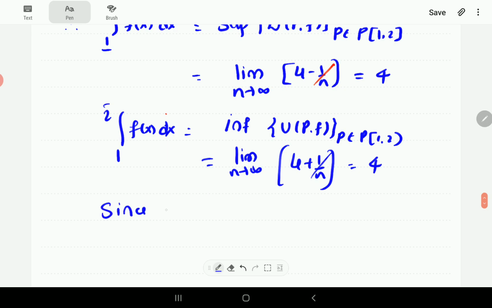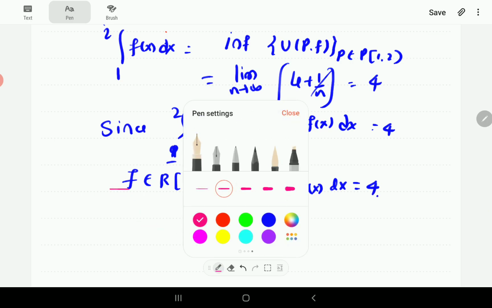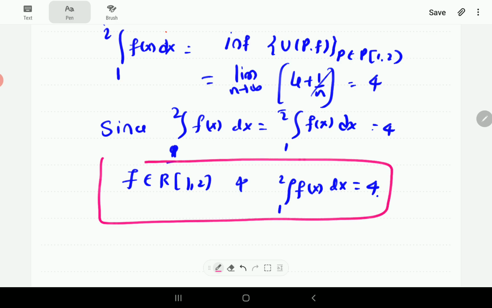Since our upper Darboux sum and the lower Darboux sum are equal, the integral from 1 to 2 of f of x dx is equal to 4. Hence our function is integrable and the value is equal to 4. So f is Riemann integrable over the closed interval [1, 2], and the integration from 1 to 2 of f of x dx is equal to 4. So this is how we have to prove the given integral.